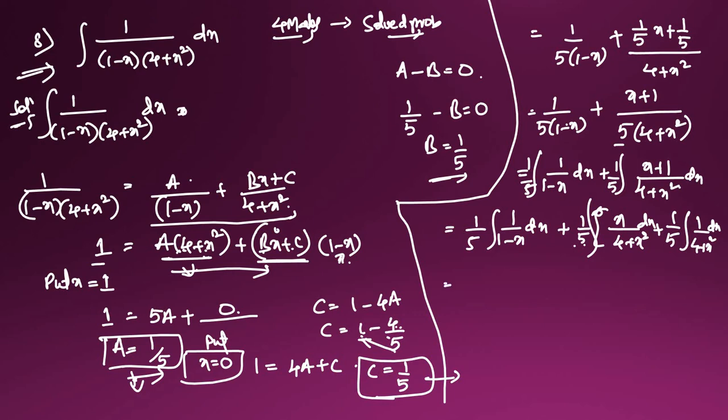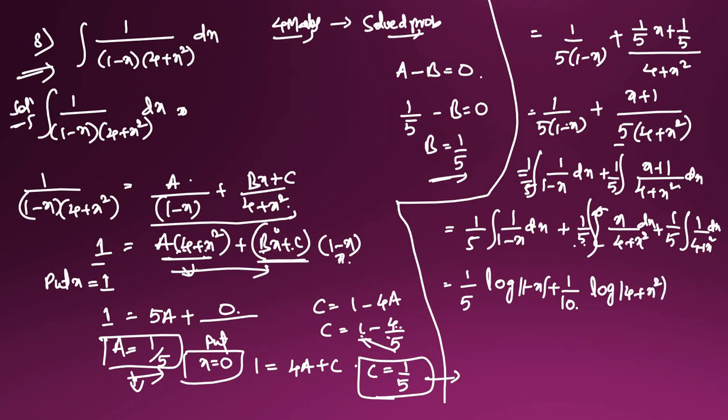Now here, 1 by 5 into 1 minus x, the integral is 1 by 5 into log of 1 minus x will come. Plus, we need 2x here because the derivative is 2x, so we multiply with 2 and divide by 2, that is 10 will come here, integral log of 4 plus x square.